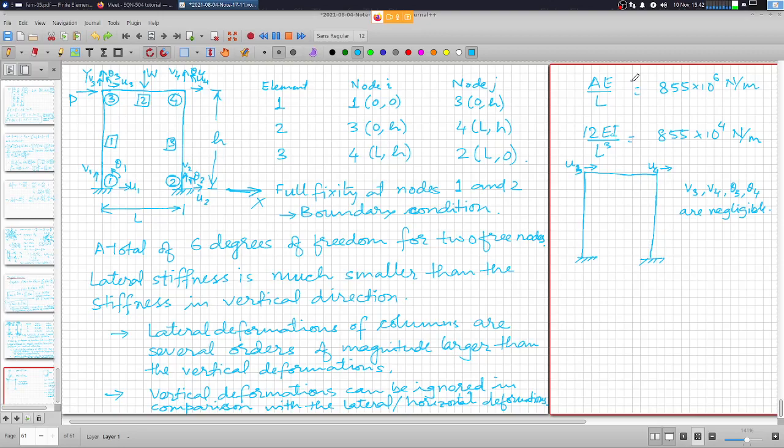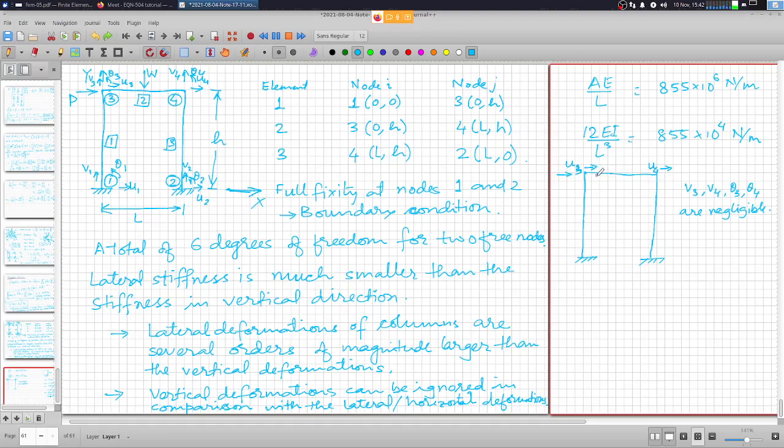So the lateral deformations are going to be 100 times larger than that. So now that leaves us with these 2 degrees of freedom, right? Now, there is a horizontal force here, and these nodes, node 3 and 4, are connected by this beam.